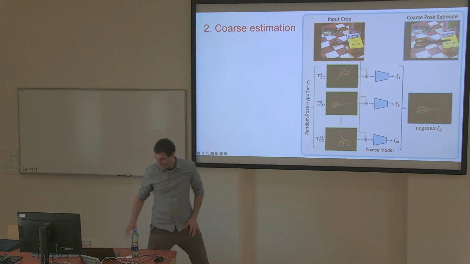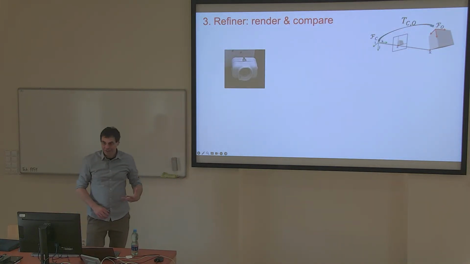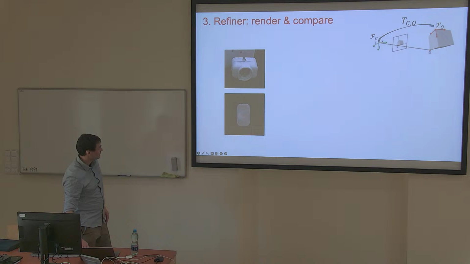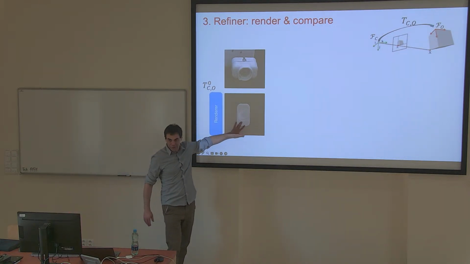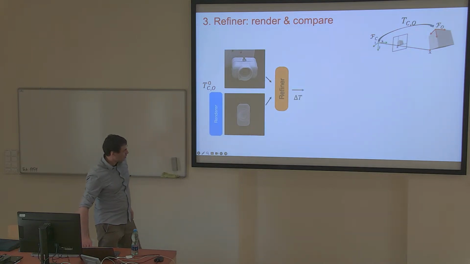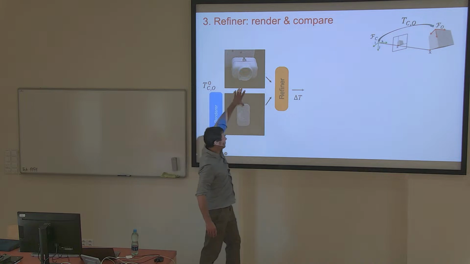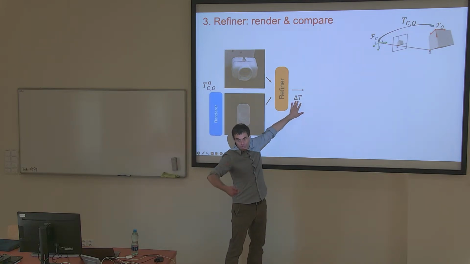This is what you see here, and then once you get the coarse viewpoint, there is a refiner, which is an iterative process which takes the input image and a render. This one is quite far from the renders. And then there is what's called a refiner, which is a neural network, which takes these two as input and produces an update of the transformation.